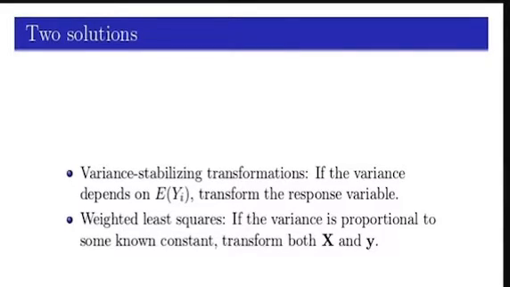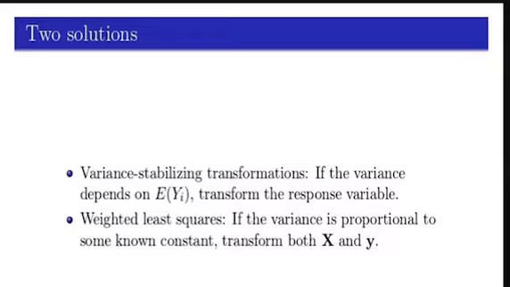But in a situation where the variance of the observation depends on the mean, you know what we're going to do? We need to transform the response variable. Is that the reason why at times we may see a log on the response or a square root on the response?